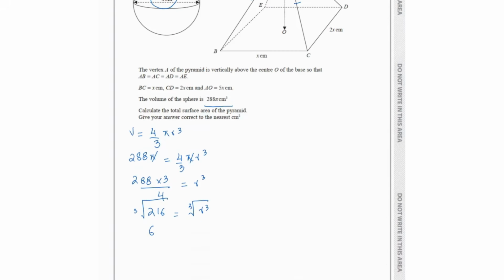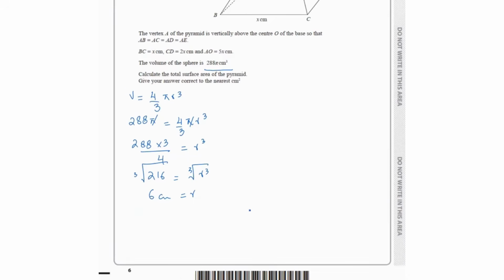Let's see what that equals to. 216. Then we take the cube root of 216 to find the value of r. r is 6 centimeters. We initially said that r is x over 2, which means x is going to be 12.